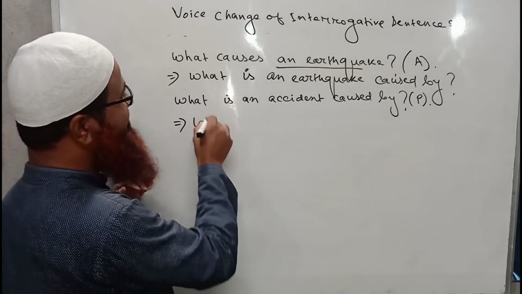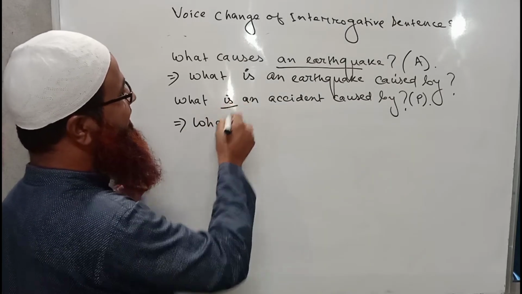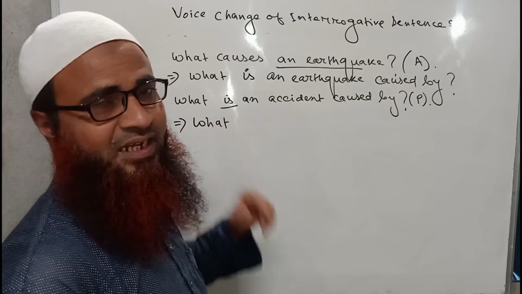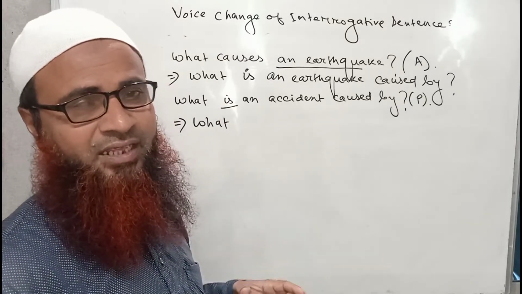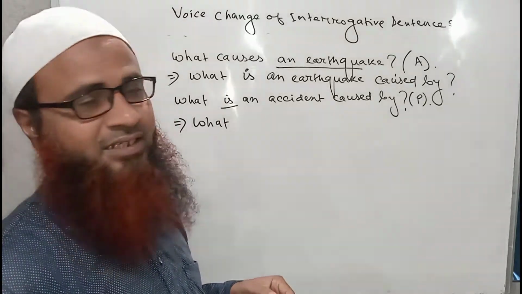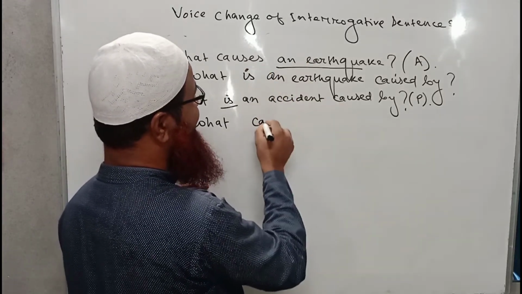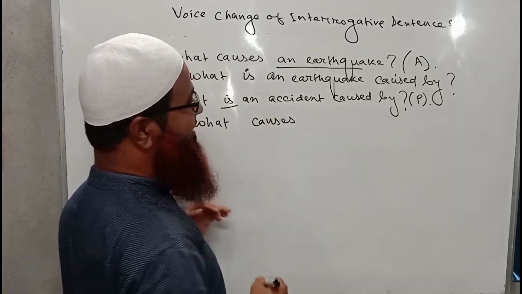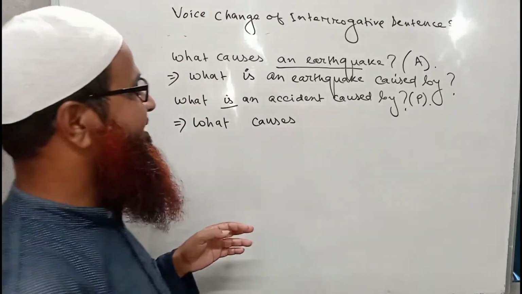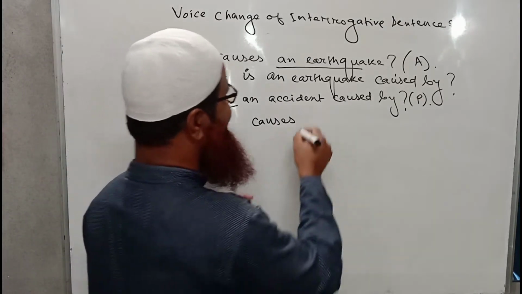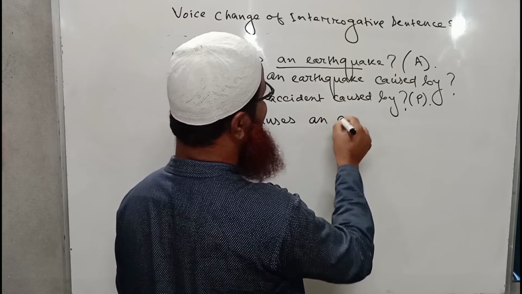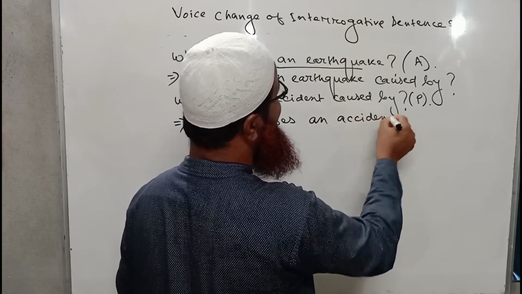What will remain the same? As is present, this is in present indefinite tense, and only the verb will take. So likewise, what causes? It is the third person singular number, so it will be: What causes an accident? Okay, what causes an accident?